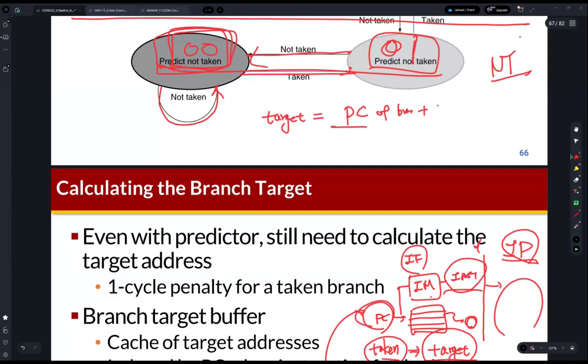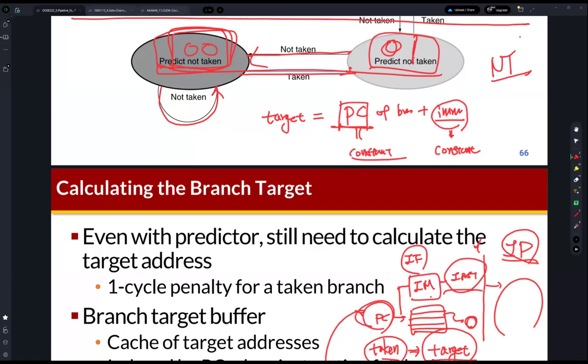And then the immediate value in the branch instruction is a constant, right? And the PC value of a certain branch instruction is also a constant.